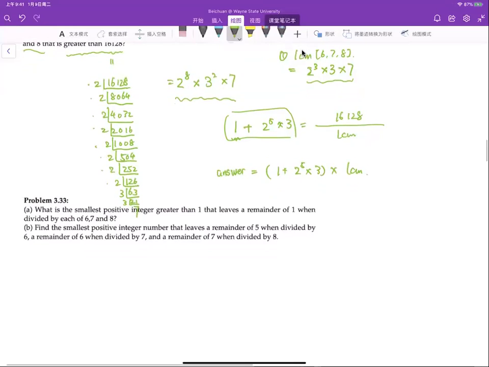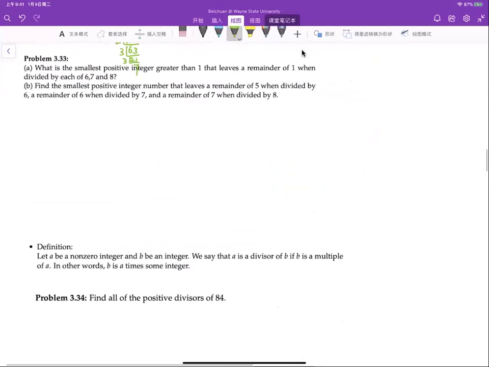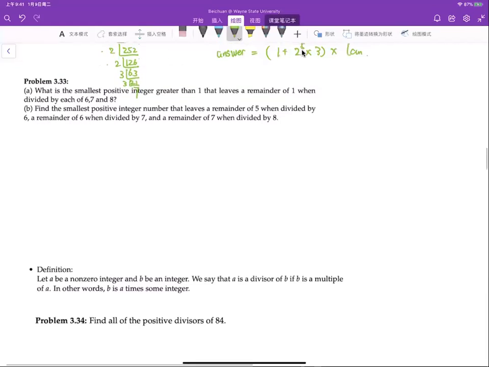All right, so let's look at the last one. What is the smallest positive integer greater than 1 that leaves the remainder of 1 when divided by 6, 7, and 8? So even though it looks different from what we did previously, right?